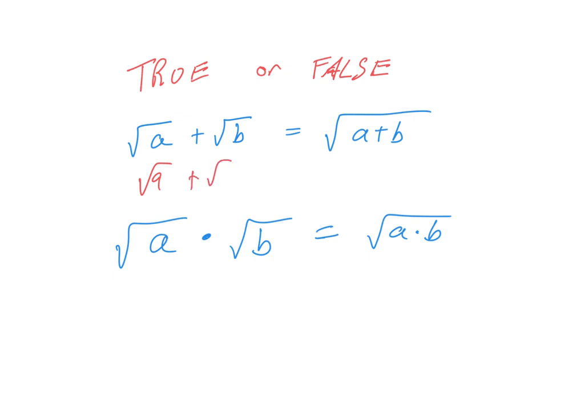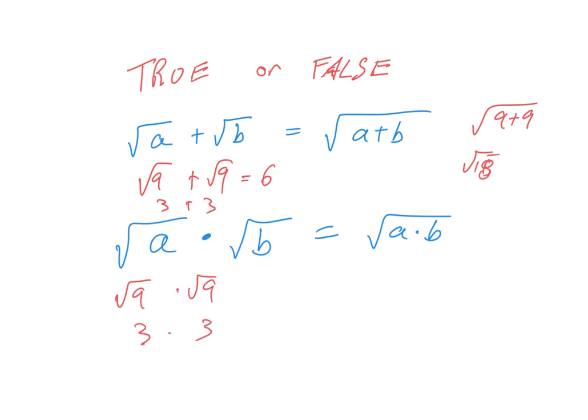Okay, so one example that you can look at: if you go with the square root of 9 plus the square root of 9 on the left side, that's 3 plus 3, which is equal to 6. On the right side, if I did the square root of 9 plus 9, that would be the square root of 18, which is not 6. If we do the same thing at the bottom, and I do the square root of 9 times the square root of 9, this over here would be 3 times 3, which is 9.